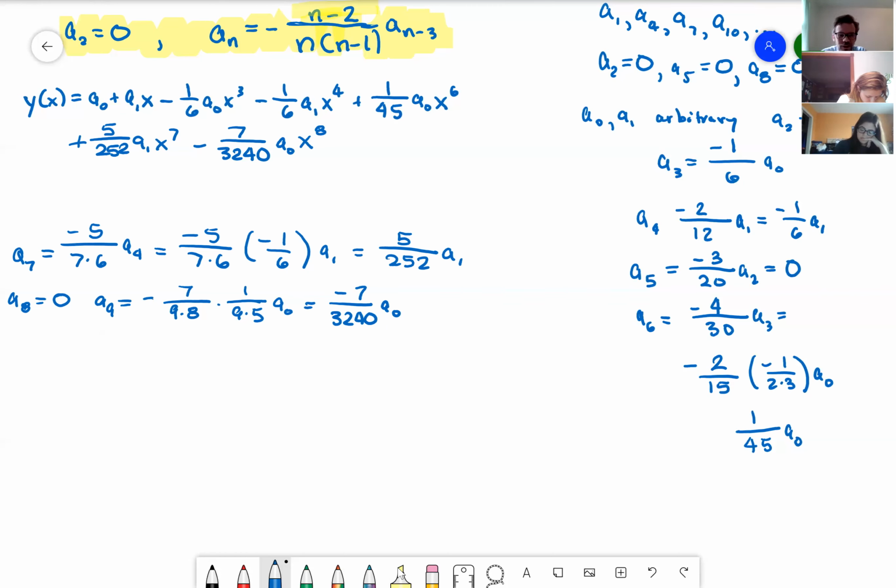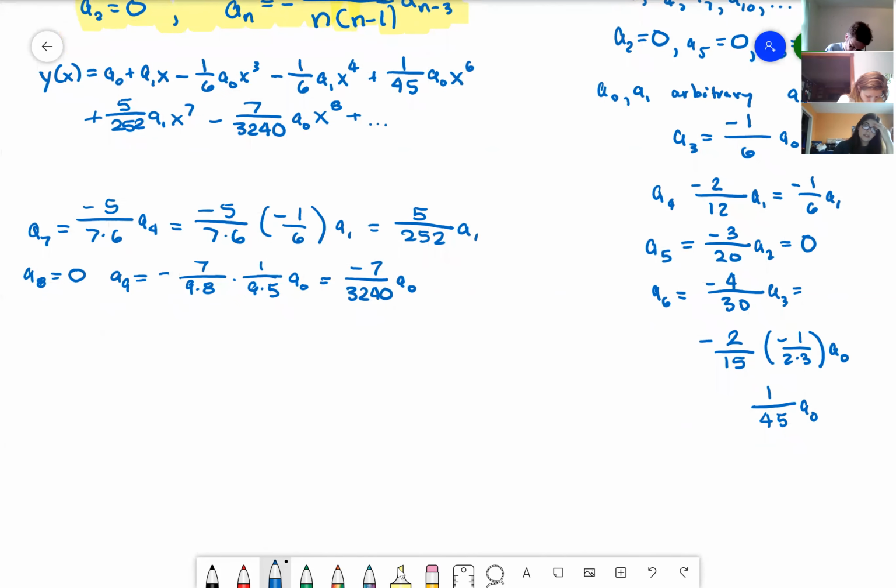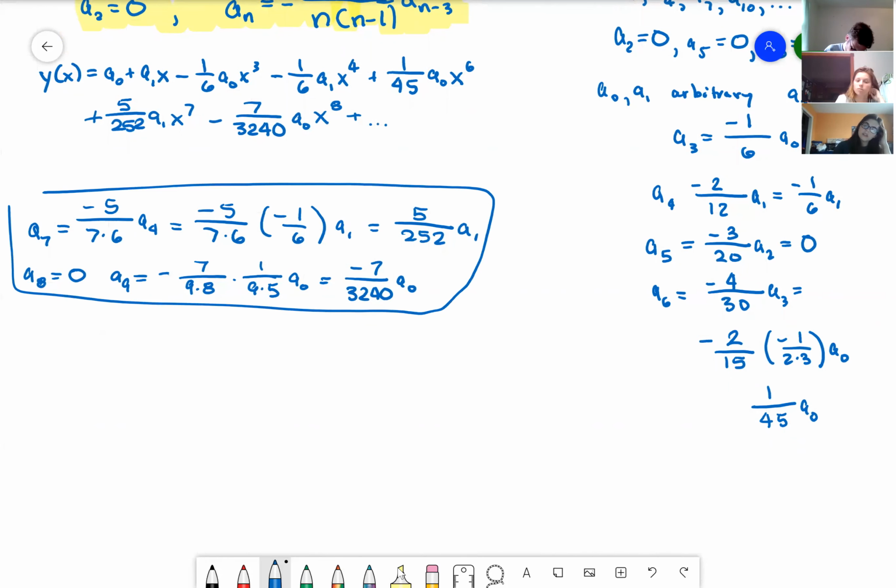Maybe this one said only the first 3 terms. Yeah, it did. Okay. Great. Let's stop there. So what are our 2 solutions? So let's block this off.